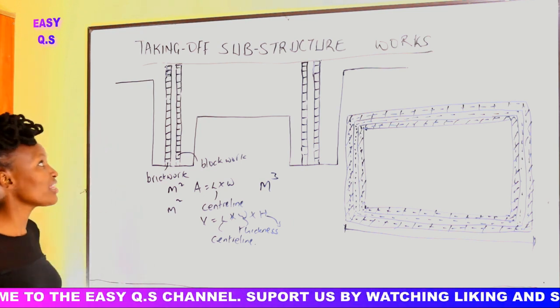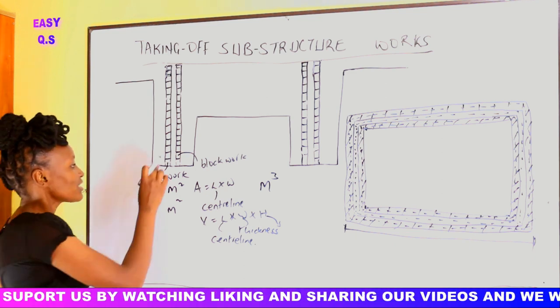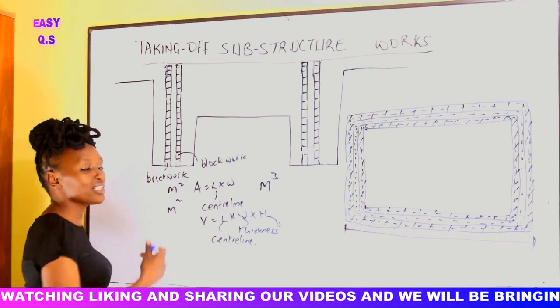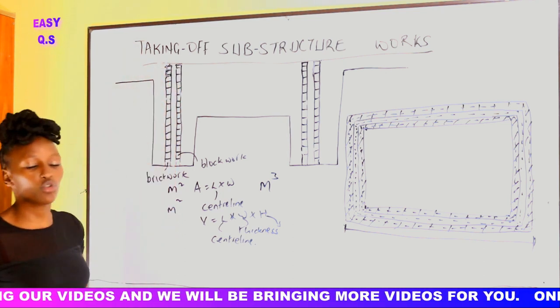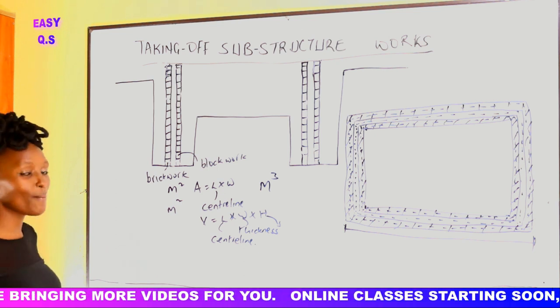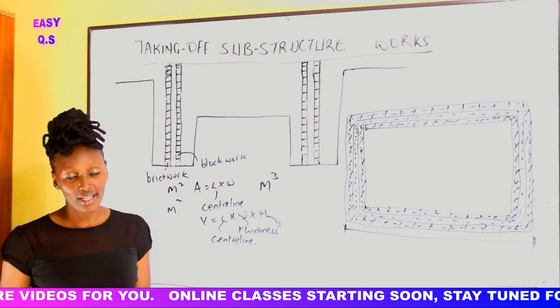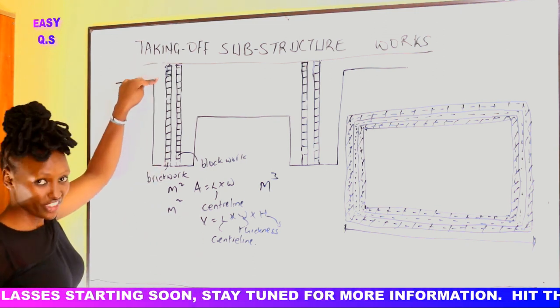How we measure that is in meters squared. So we shall take the center line of the brickwork, just like we had taken it, then multiply by the height, because we measure the adjustment of the facing bricks in terms of meters squared. So we take the center line of the brickwork times the height that we need to adjust.